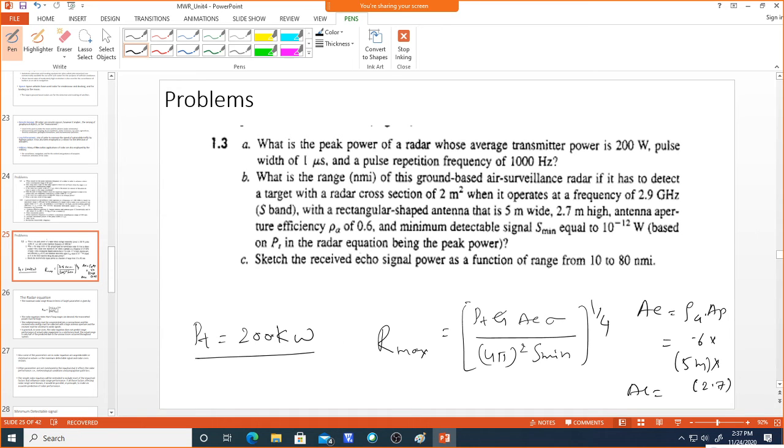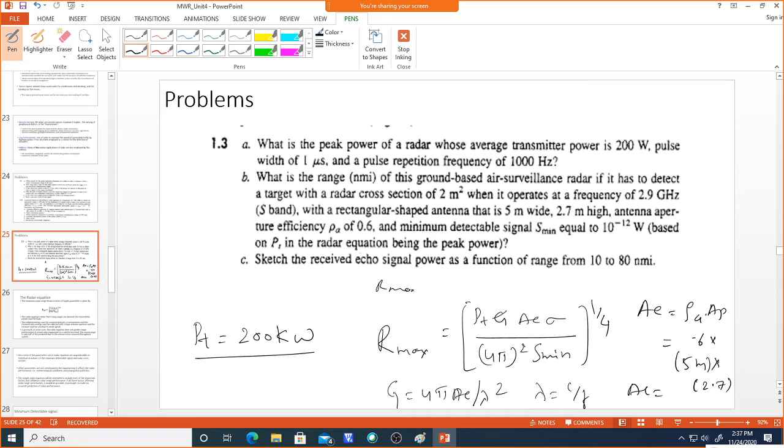Transmitter power we have found out, and the gain we need to find out by using this AE itself. So gain equals 4 pi AE by lambda square. Lambda, find it out by using the frequency equation, that is lambda equal to C by F.